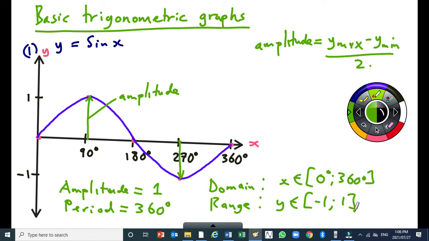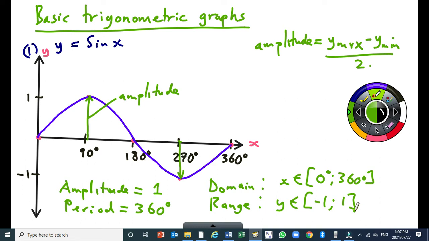Let's move on to the graph of cosine. I'm not sure whether you know that the graph of cosine is actually the graph of sine, but moved by 90 degrees to your left. If you didn't know, you need to know that from now on.